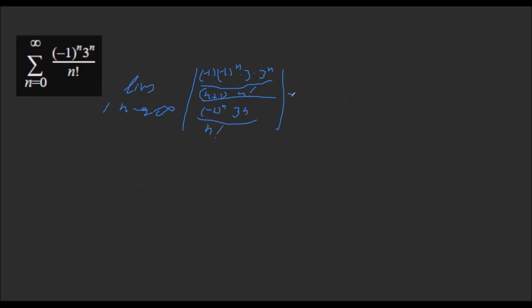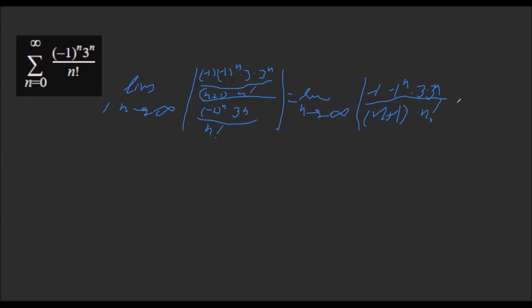So we can simplify this such that it's equal to the limit as n approaches infinity, absolute value of negative 1 times negative 1 to the power of n times 3 to the power of n over n plus 1 times n factorial.